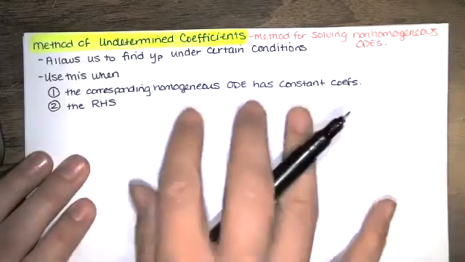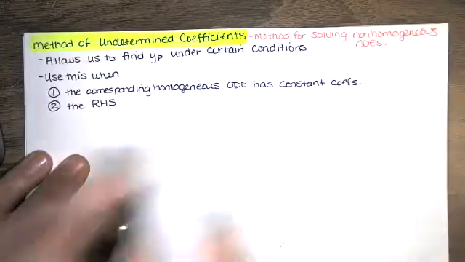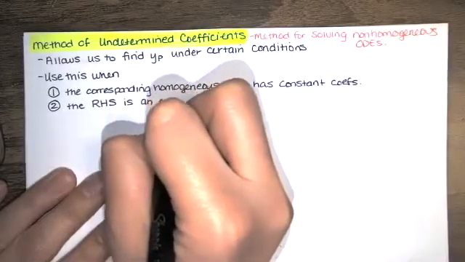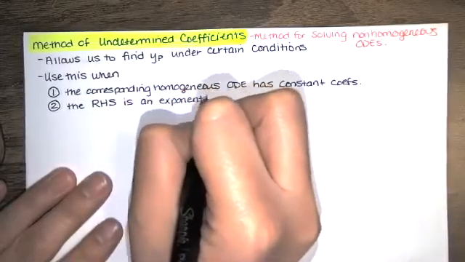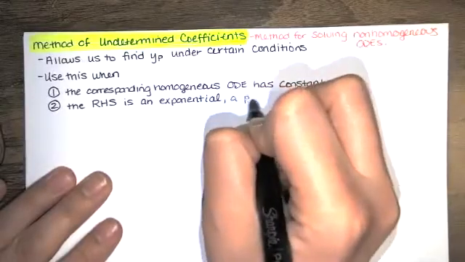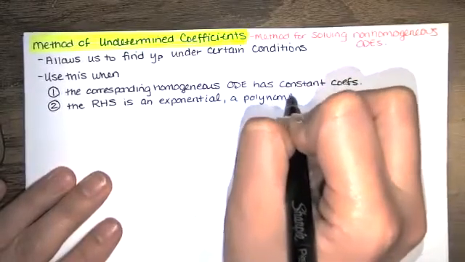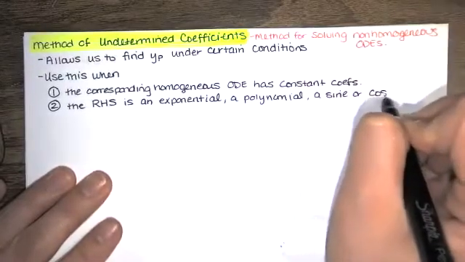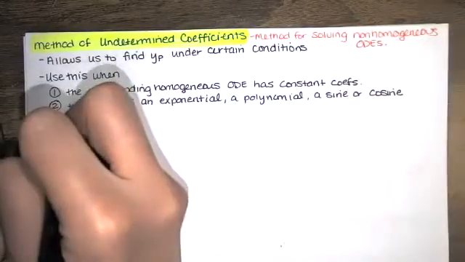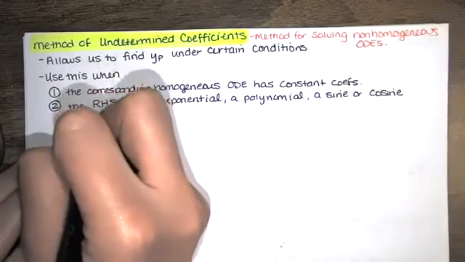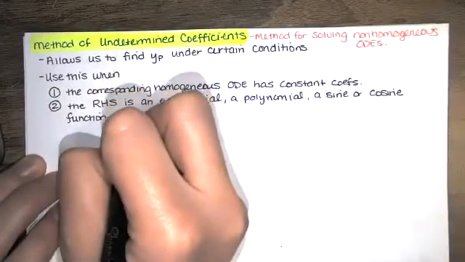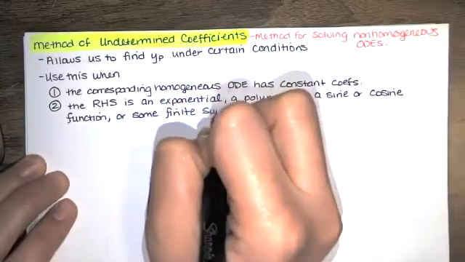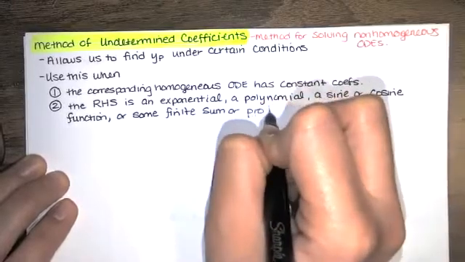So we're going to use this when the corresponding homogeneous ODE has constant coefficients and the right-hand side is an exponential, a polynomial, a sine or cosine function, or some finite sum or product of these.